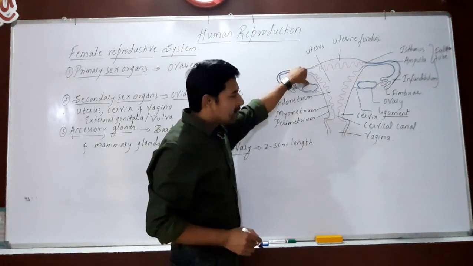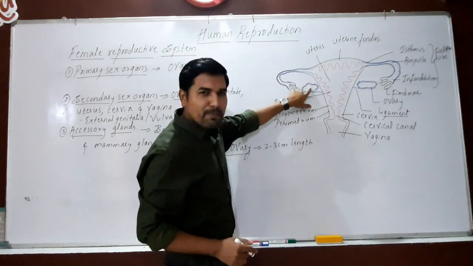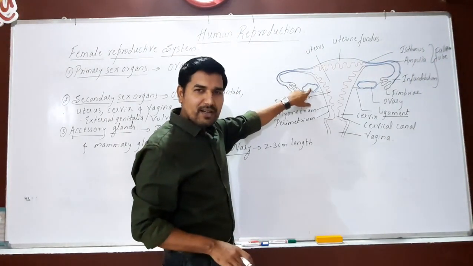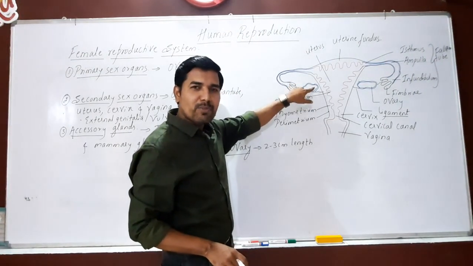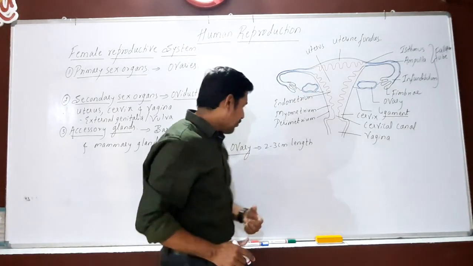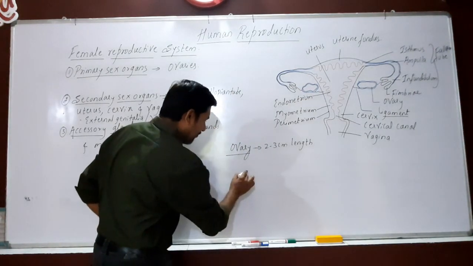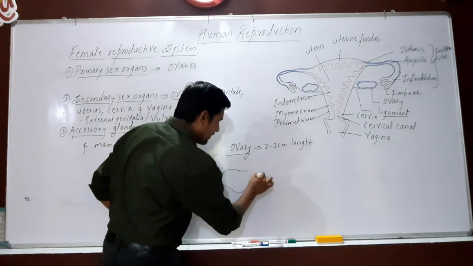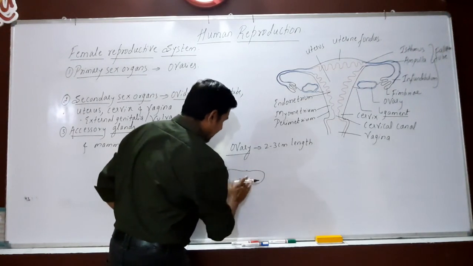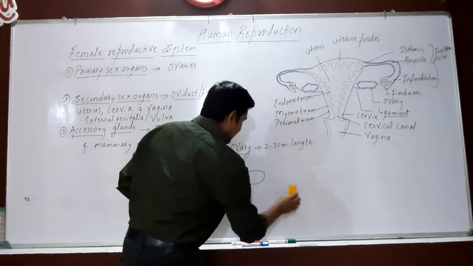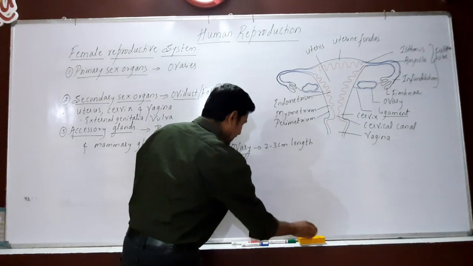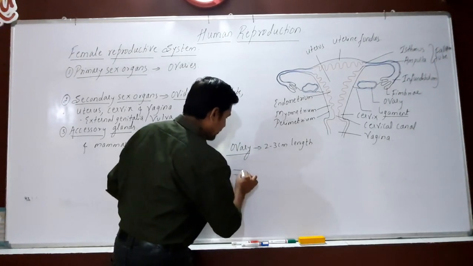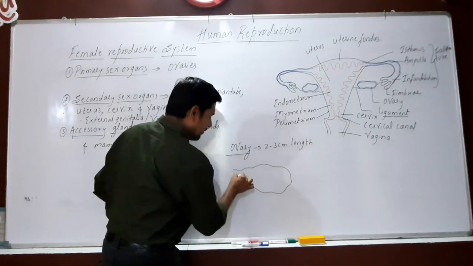The outer part is called the cortex and the middle part is called the medulla. So stromal cortex and stromal medulla. So inside the ovary, suppose we take this as an ovary, in this ovary we can easily distinguish these parts.